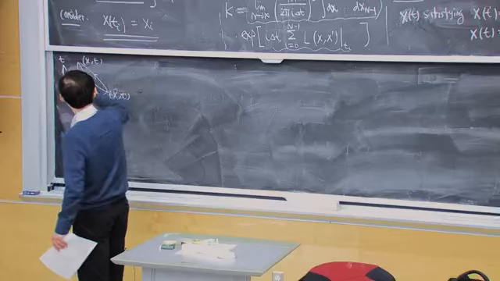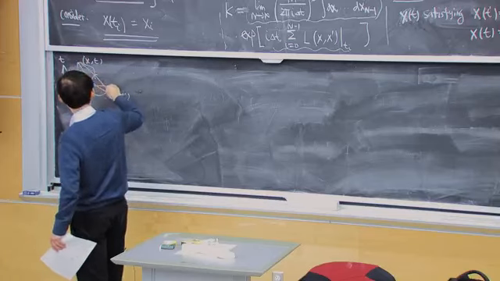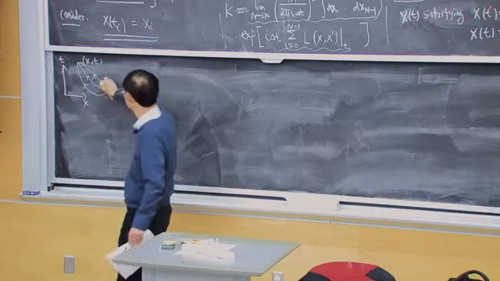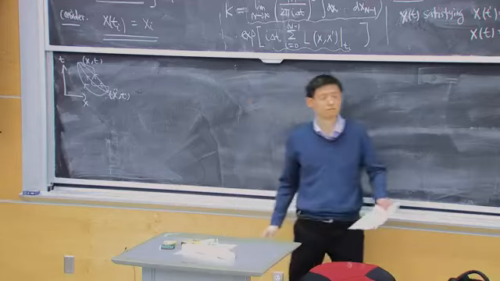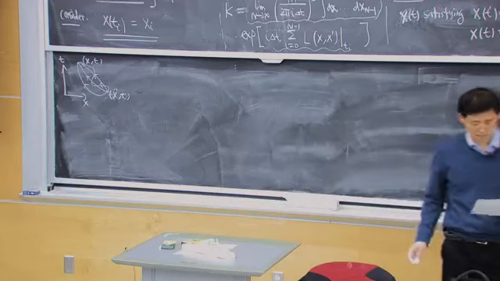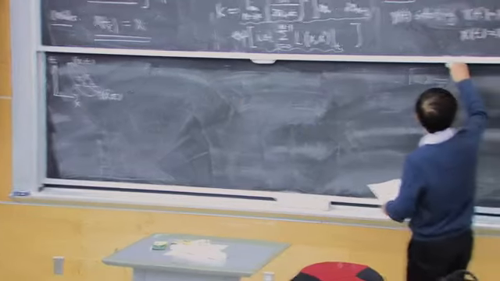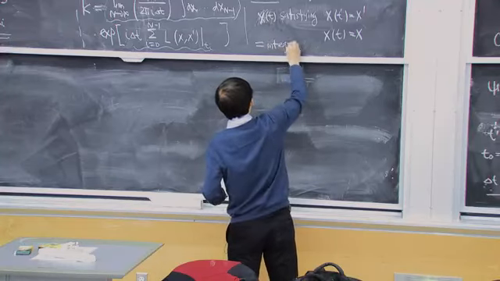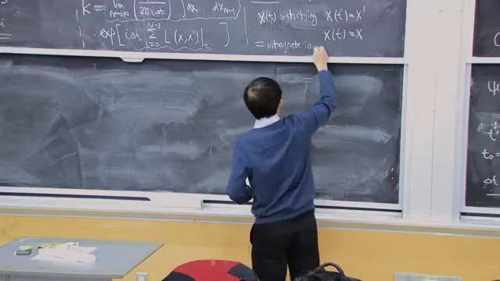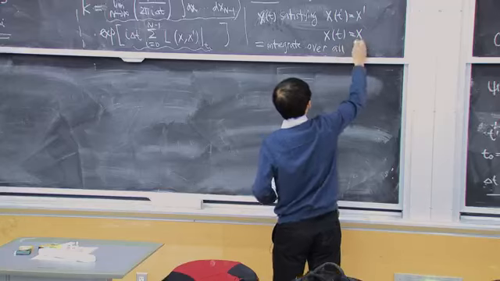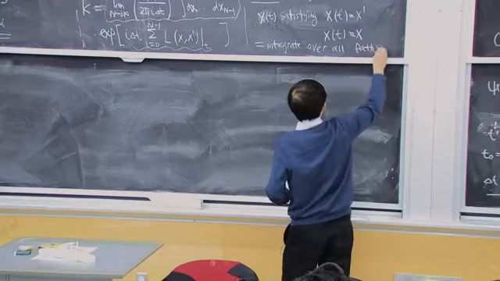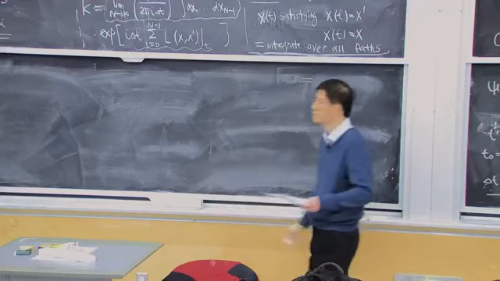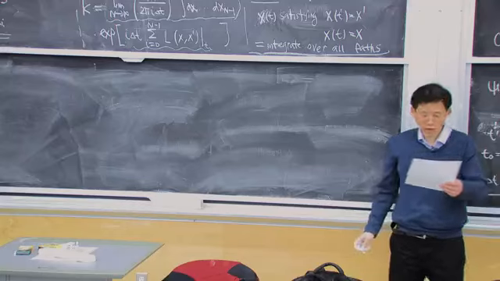You integrate over all possible paths between them. And then it's weighted.